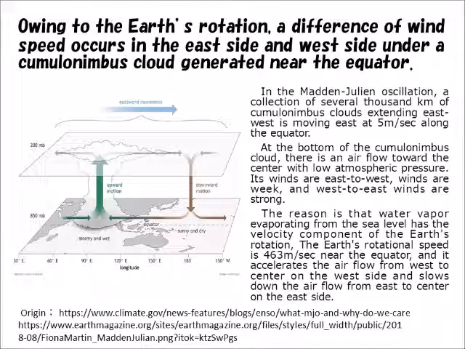The reason is that water vapor evaporating from the sea level has the velocity component of the Earth's rotation. The Earth's rotational speed is 463 meters/sec near the equator, and it accelerates the air flow from west to center on the west side and slows down the air flow from east to center on the east side.